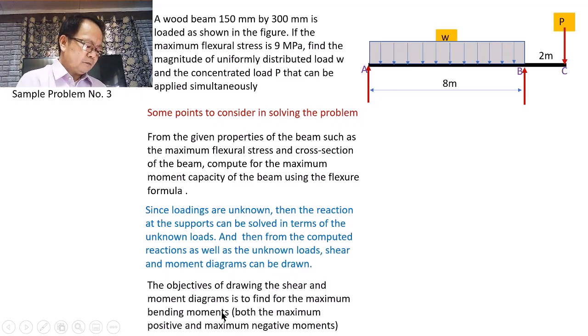Ngayon, ano yung magiging objective natin? Kung bakit natin i-drawing itong shear and moment diagram. Ang magiging objective natin dito ay para makuha natin yung maximum bending moment, both the maximum positive and the maximum negative bending moments.